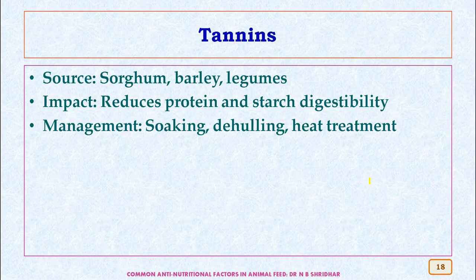For example, overnight soaking of sorghum, barley, or any other legumes in water. Then dehulling, which means it should be milled to a good extent. Then there should also be a heat treatment.